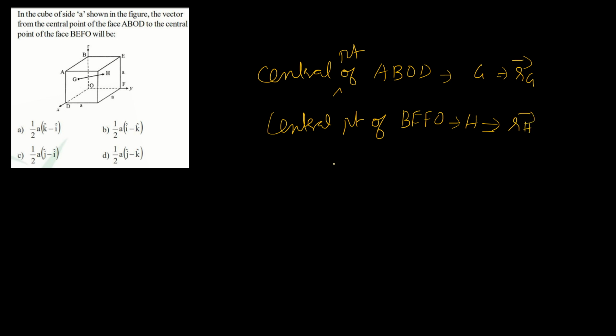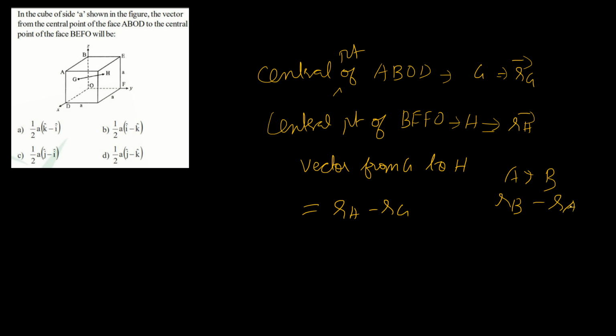What is it asking? The vector from G to H, which means the position vector from G to H, given as RH minus RG. Any vector from A to B, we write in the form RB minus RA. Position vector concept I have taught in the previous class, so that concept we are applying here.